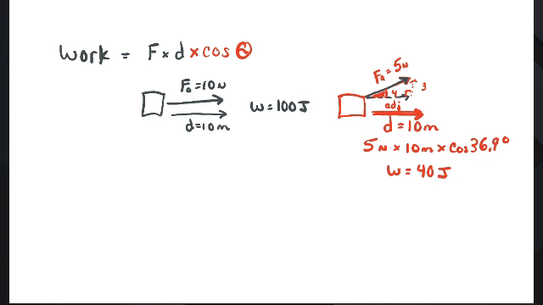So you can see, because we have less force being applied, see it's a shorter force, it's less force being applied because some of that is pointing upwards. Because we have less force being applied in the direction of movement to the right, we get less work done.